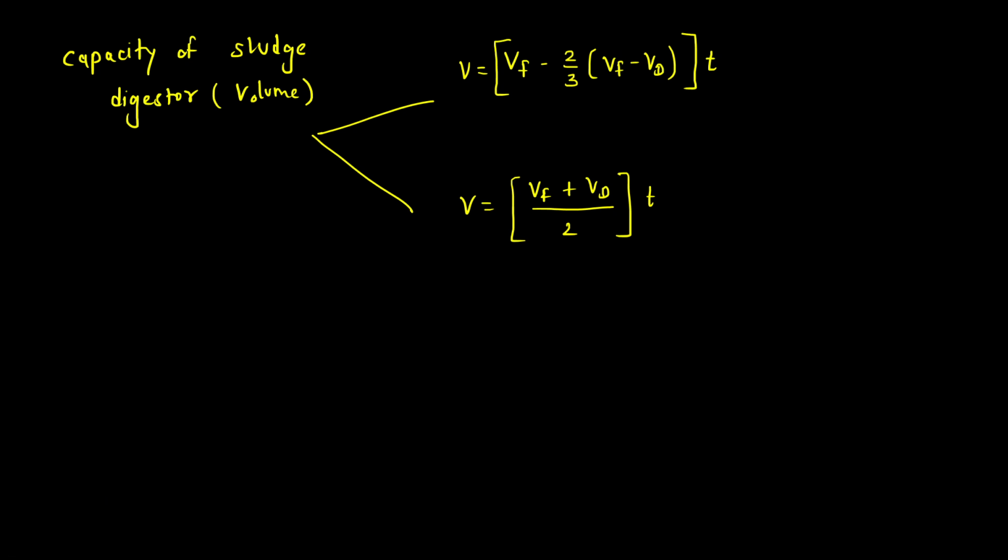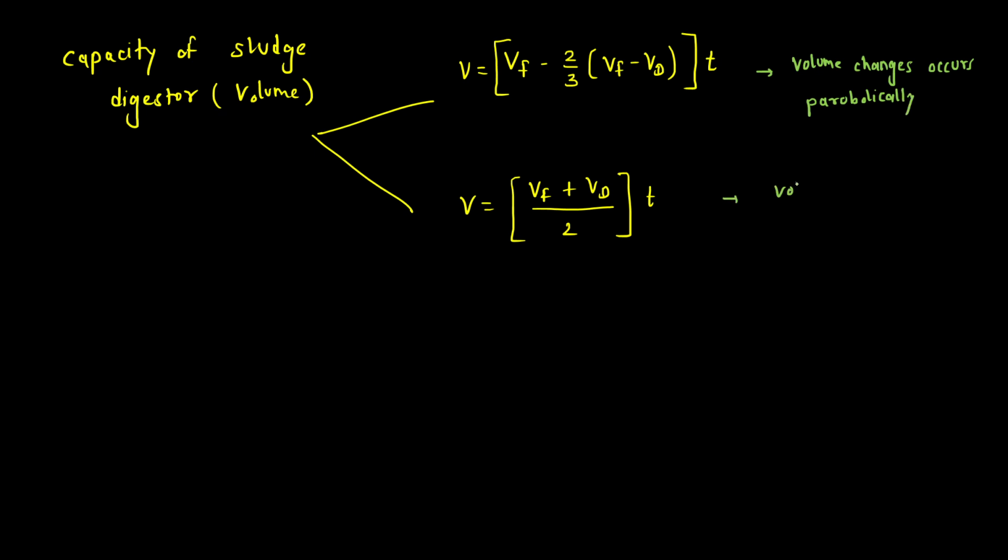If the volume of the tank is calculated with an assumption that volume change occurs parabolically, then you have to use the first.